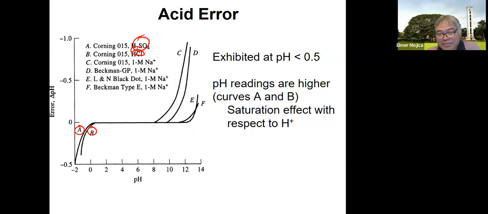And it has something to do with the saturation effect. So the negative error that you have there means the pH reading is really higher than the true pH. So it indicates that the pH reading tends to be too high in this region. And the exact cause right now is still not known, but saturation effect is one of the culprits that they have.